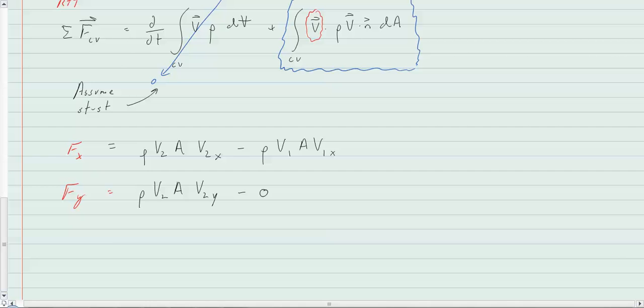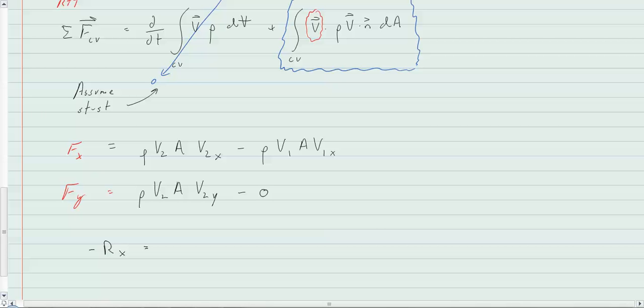Now to solve for Fx and Fy, which are our reaction forces, we can assume that in order to keep this blade or deflector stationary, we have to apply a force in the opposite direction that the fluid is flowing.